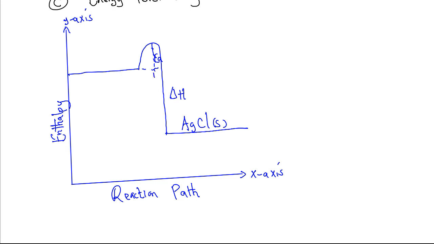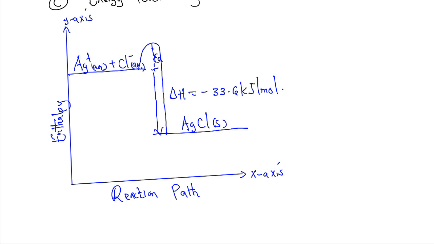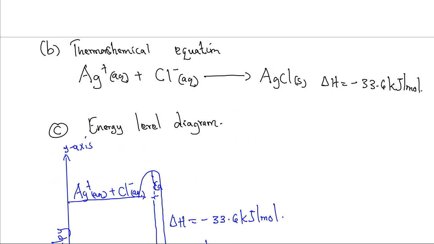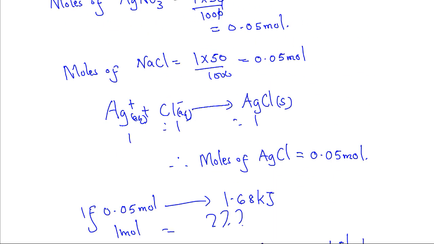Then delta H is negative 33.6 kilojoule per mole. Then the reactants, we have silver ion reacting with the chloride ion, and that gives a product of silver chloride.